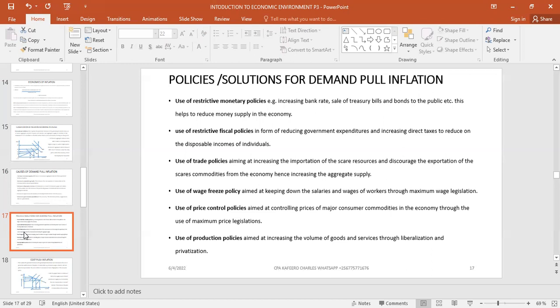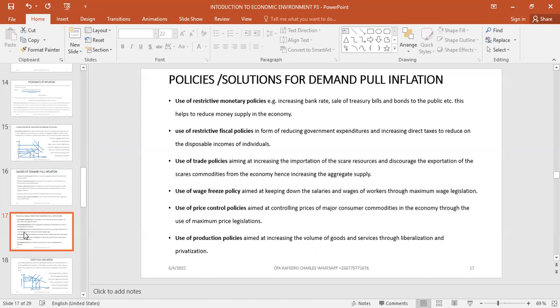And this may include an increase in the bank rate. When you increase the bank rate, it means people are going to reduce the rate at which they consume those loans. So when they reduce, automatically we expect that the money supply is also going to reduce in the public.